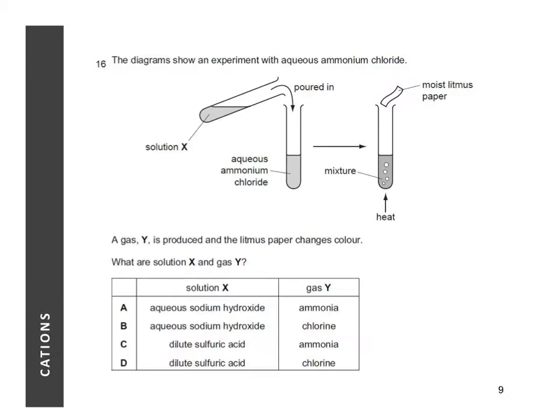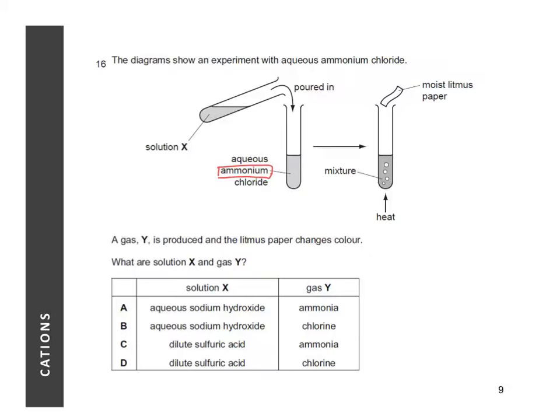In this question, an unknown solution X is added to aqueous ammonium chloride, and then on heating a gas is produced which turns the color of moist litmus paper. I hope by looking at the diagram and the procedure, you can guess that it's actually a test for a cation, and the cation given in this question is ammonium.